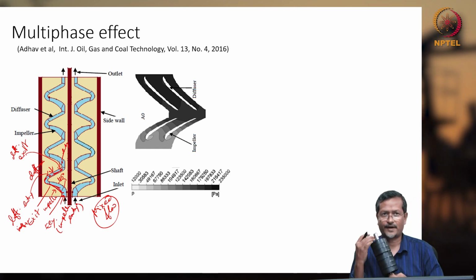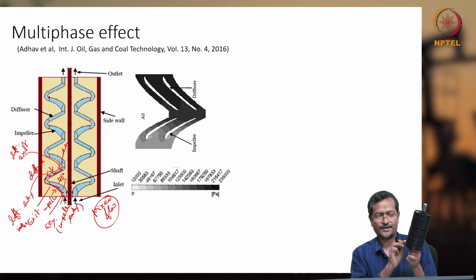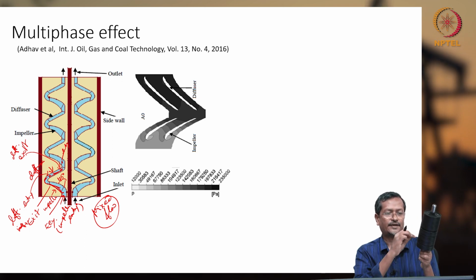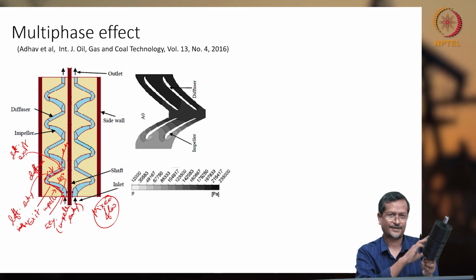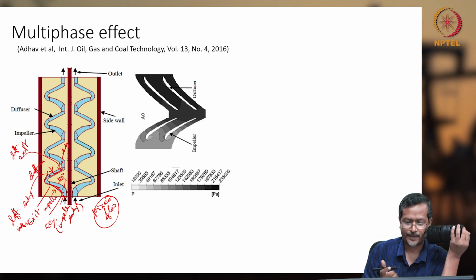From I, fluid will be entering, exiting, diffuser entry, diffuser exit. So this will be continuing, stage 1, stage 2, stage 3: impeller entry, impeller exit, diffuser entry, diffuser exit. This whole sequence will go on one by one.